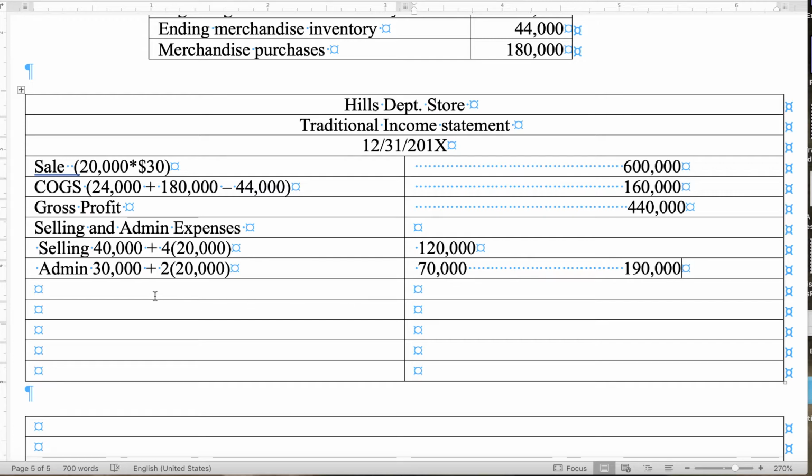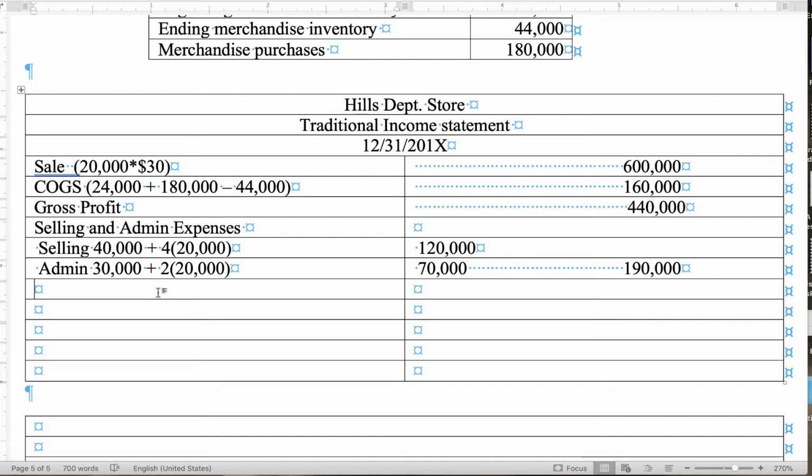Okay. Now I can look and I could say, hey, do I have net income or net loss? Well, my gross profit is $440,000 minus my selling and administrative expense is 190,000.